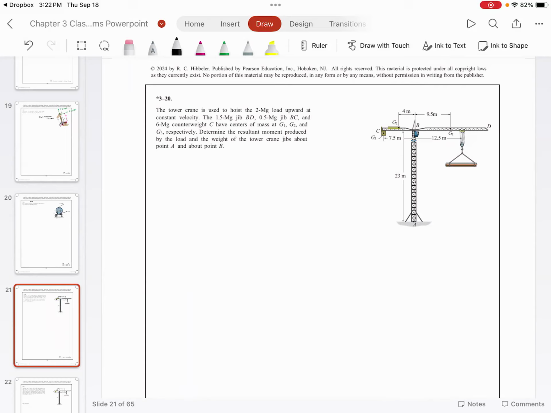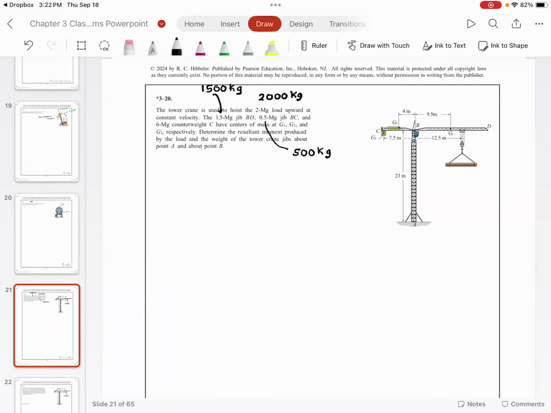So 10 to the power 3 kilos is mega. So basically, what you have is 2 megagrams, which is 2000 kilograms, and this is 1500 kilograms. This is 500 kilograms.